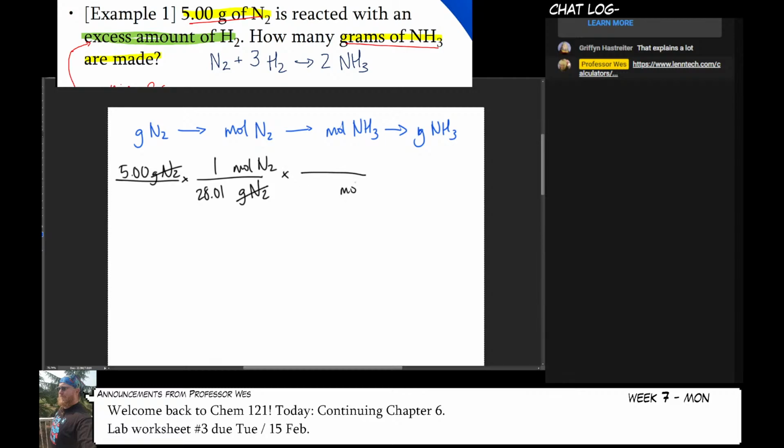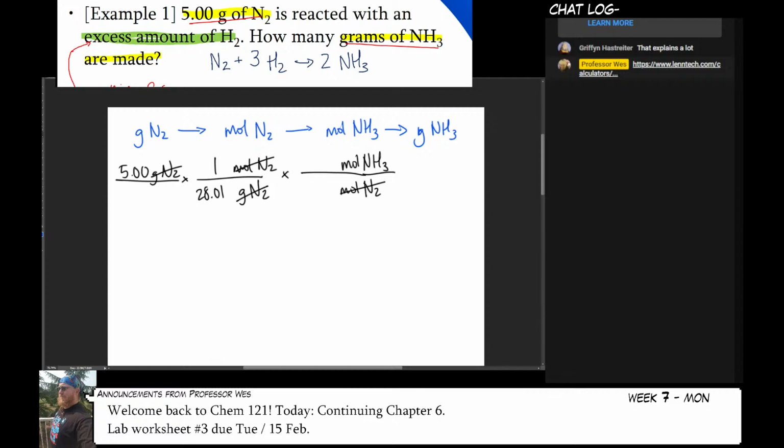Now we have to do moles of N2 and moles of NH3. How the heck do we get this relationship?